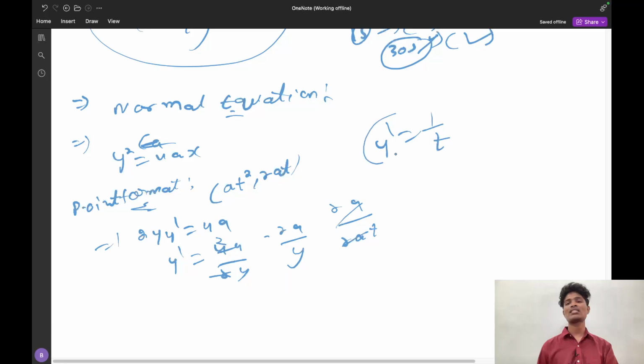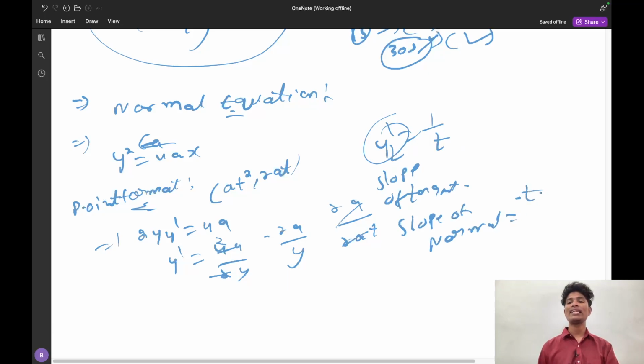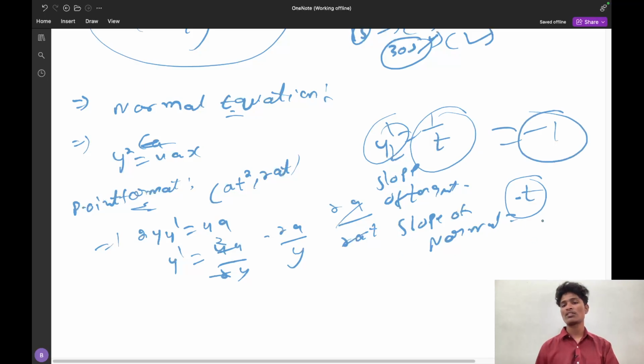But this is the slope of the tangent. So the slope of the normal becomes minus t, because when you multiply these two you will get minus 1 as a result.